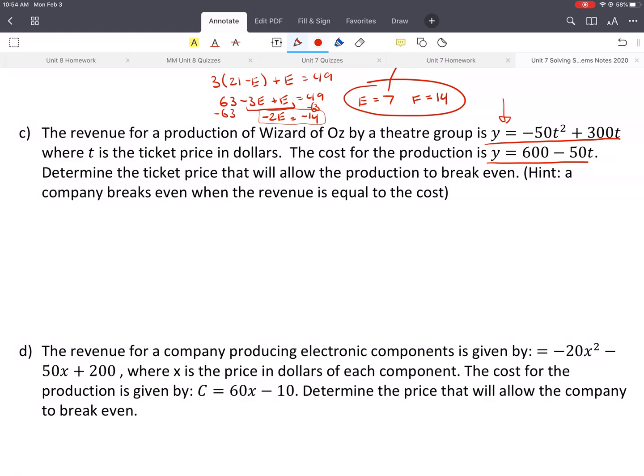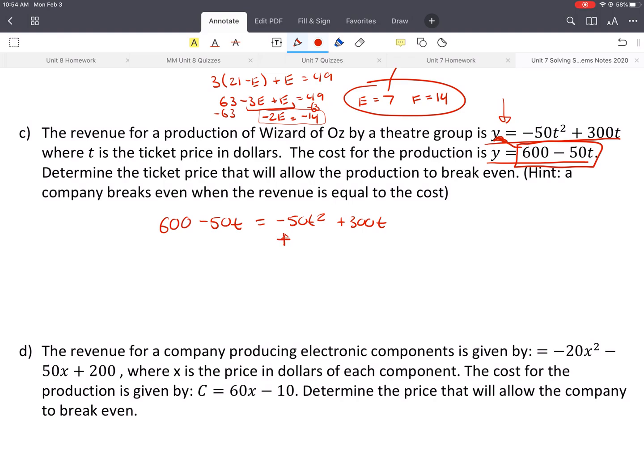So basically, they're asking for the intersection. Okay? So they're both solved for y. We're just going to substitute. Maybe we'll substitute this one into the first equation. So we'll do 600 minus 50t is equal to negative 50t squared plus 300t. Okay, we're going to move everything to one side. Since this is negative, I would probably move it to the other side.